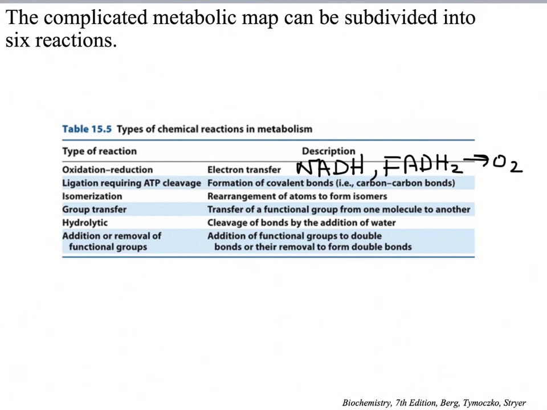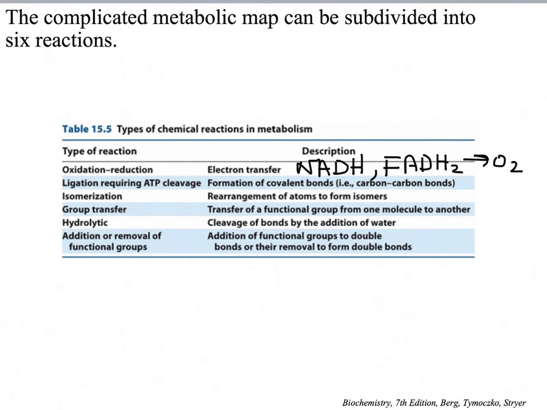We have ligation reactions. So here we have bonds that are formed by using free energy from ATP cleavage. We have isomerization reactions where atoms in a particular molecule will rearrange and form a new intermediate.